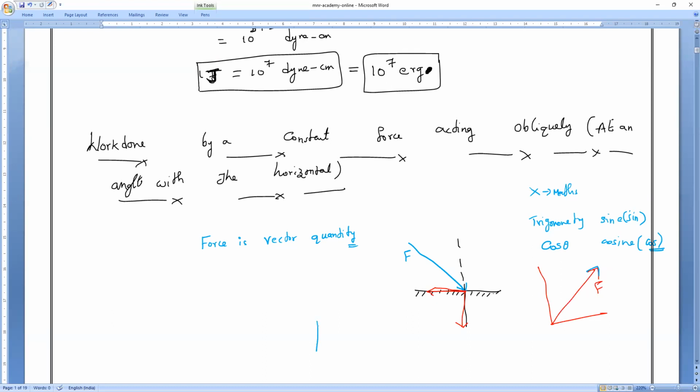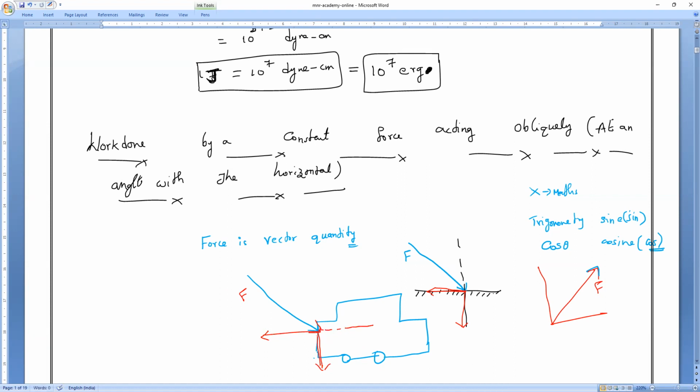Suppose this is the object, let me take a toy car. Now, if you have noticed it, everybody, what will happen? If a person is applying the force in this direction, and you have a small doubt, you can ask me. Then the force exerted by him will act in two different directions. You can see that this is the surface.